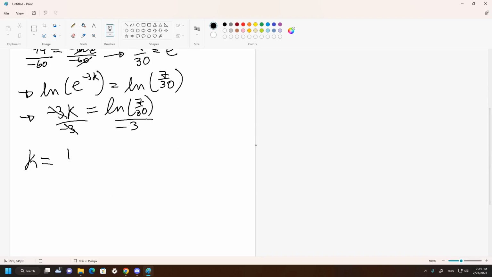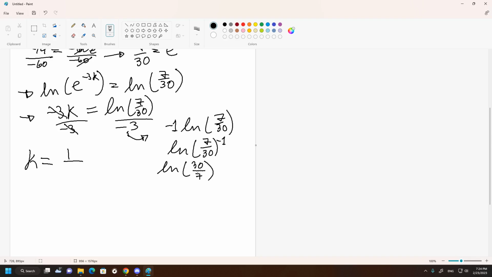Okay, equal to, because we have a negative here and it works like a negative 1 in front of the log, and whatever is in front of the log, it can convert to an exponent inside of the log. So in other words, this negative represents the following, which is equal to 30 over 7. So we have now the following equation equivalent to the k.